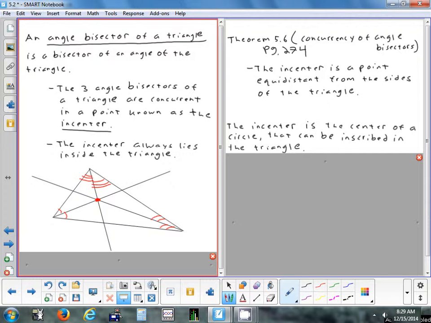So the incenter, if I drew it accurately, should be the center of a circle that can be inscribed in the triangle. That means the circle is as big as you can fit because it's going to be touching all three sides of the triangle.